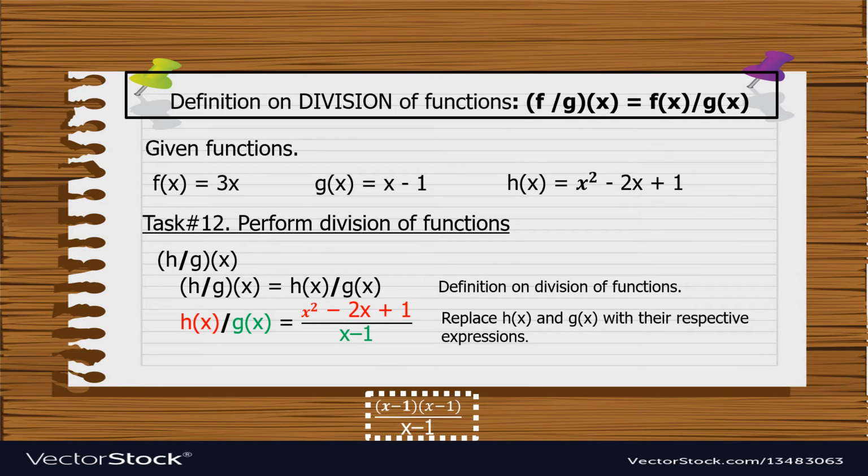Since we can express x squared minus 2x plus 1 as x minus 1 squared, then we have x minus 1 multiplied by x minus 1 over x minus 1. Since we have x minus 1 divided by x minus 1, this one is cancelled out. Therefore, h of x over g of x is equal to x minus 1.